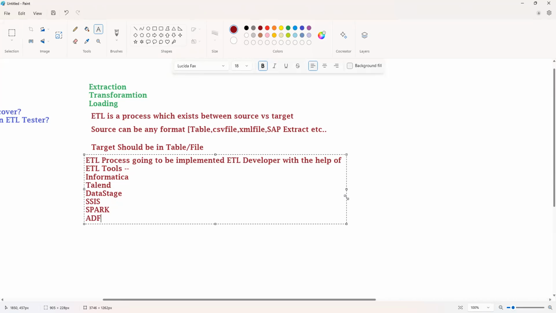These are the tools they are going to use to move the data.